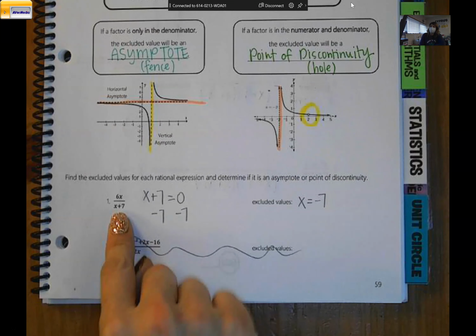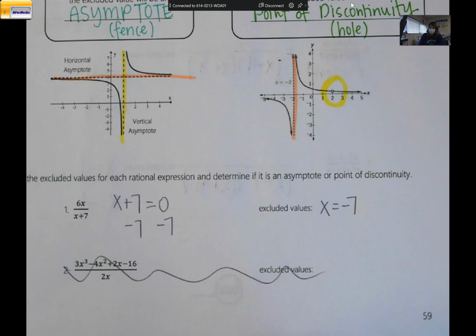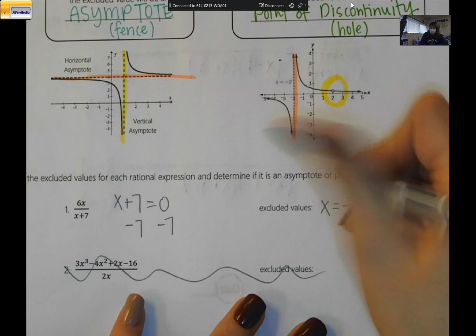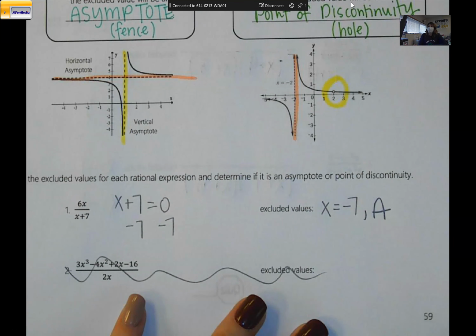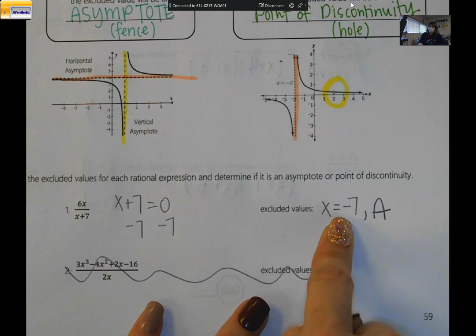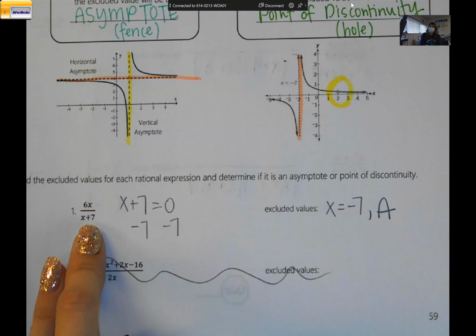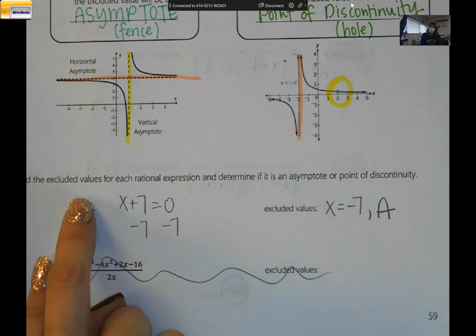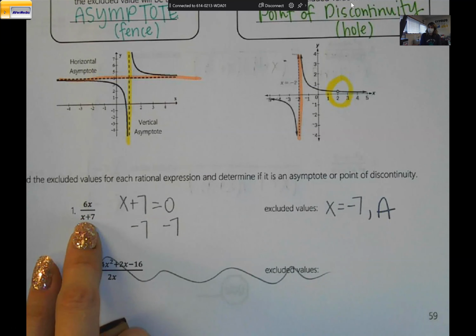So for this particular problem, x plus 7 is going to be an asymptote. You can just write the letter A if you want. So if I plug this into Desmos, I'm going to see a fence where x is -7. How do I know it's an asymptote? Because there is not an x plus 7 in the top. It's only in the bottom.